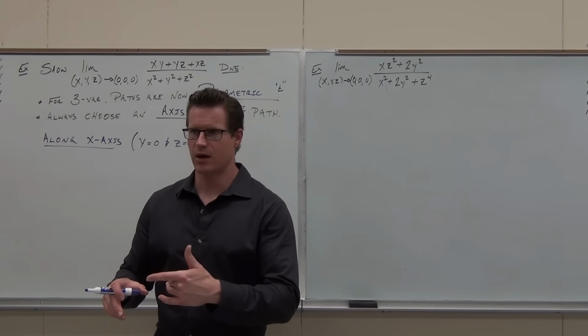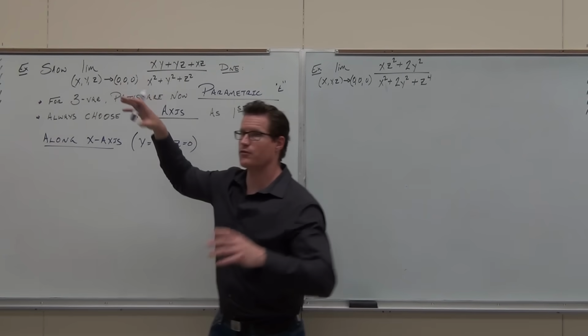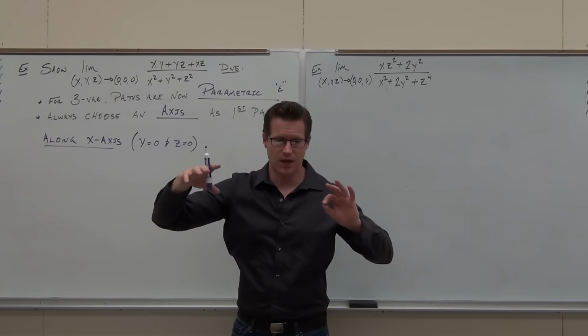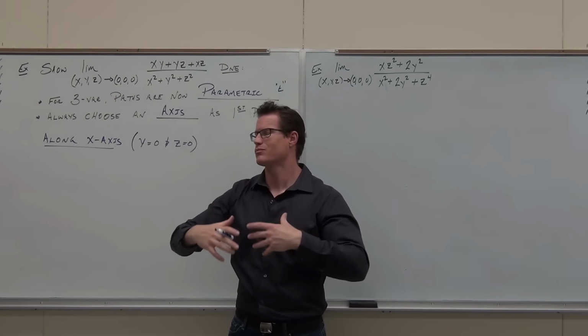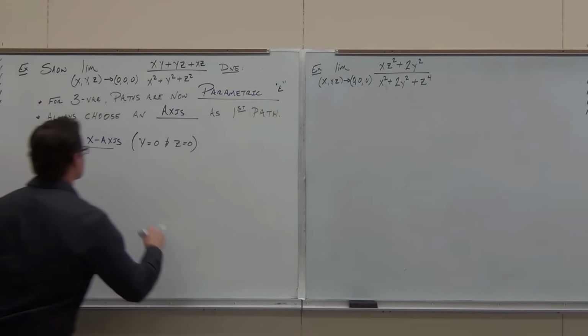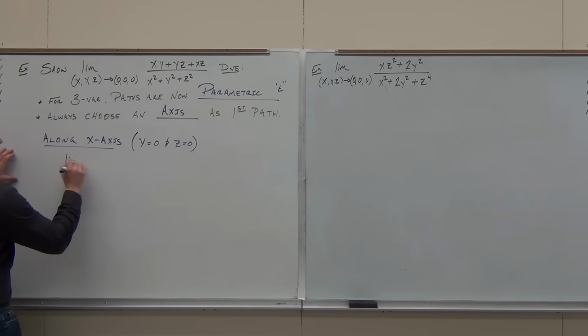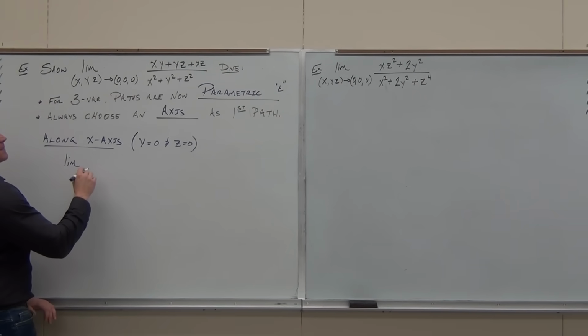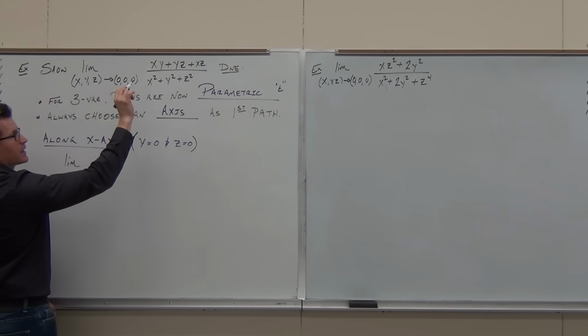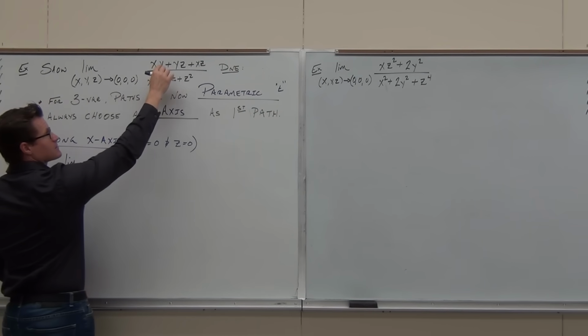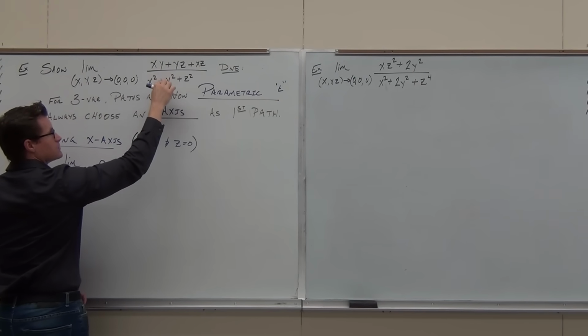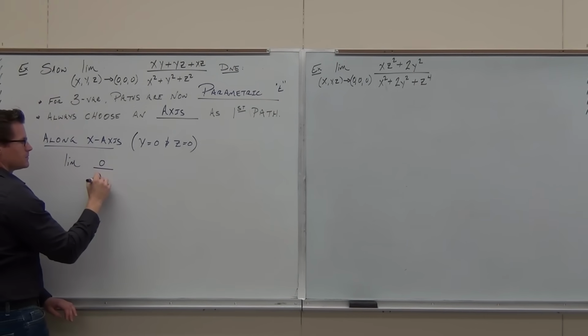So what we're looking at right now is the value of the function, the 4D surface, as it's traveling over the x-axis, a 3D curve through space. If we let y equal 0 and z equal 0, we have 0, 0, 0, 0, 0 over what?